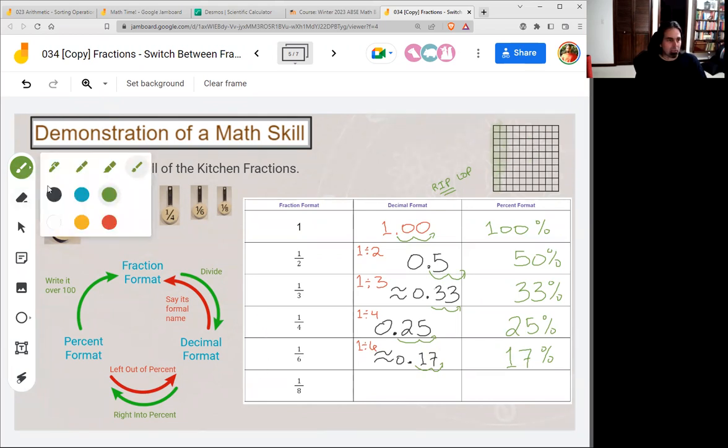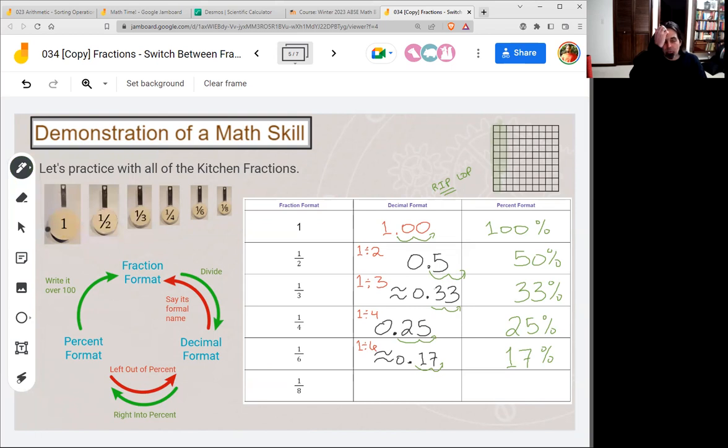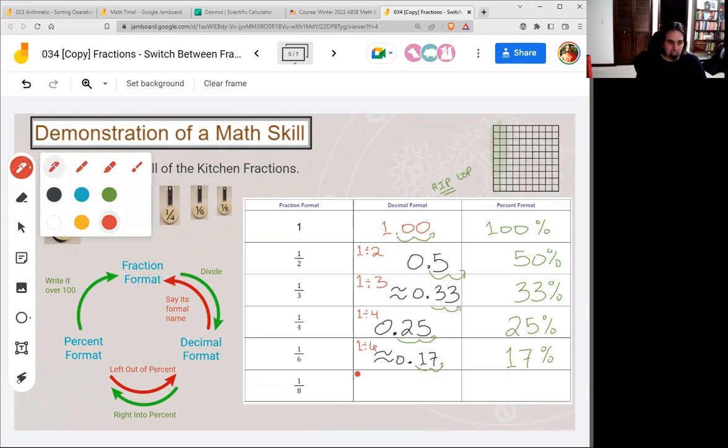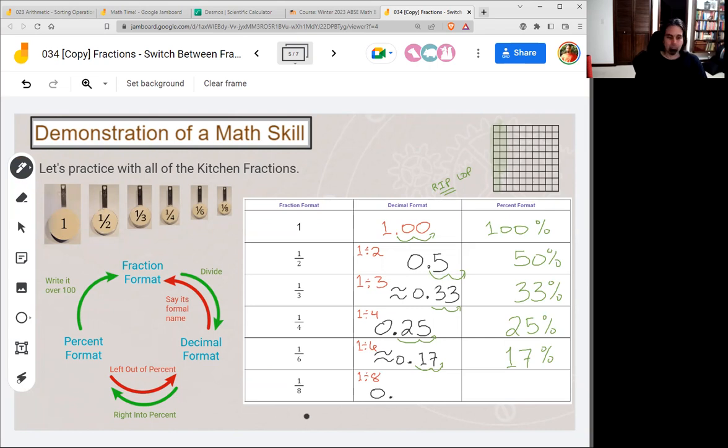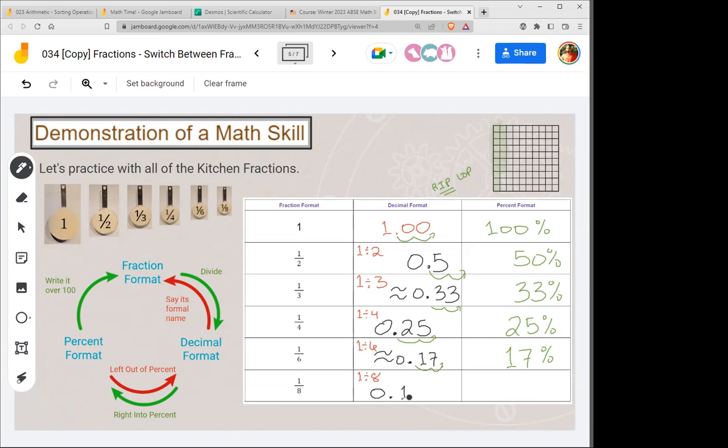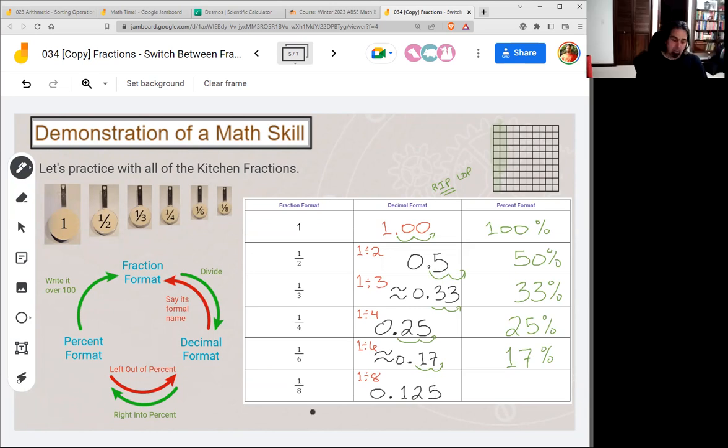The last one. This one is also going to be rounding, even though it's not one of these repeat forever decimals. So what do I get with 1 divided by 8? 0.125. Yeah. I could keep it like that. I mean, it's not a crazy number of decimal places. If I wanted to round it, would it round to 0.12 or 0.13?